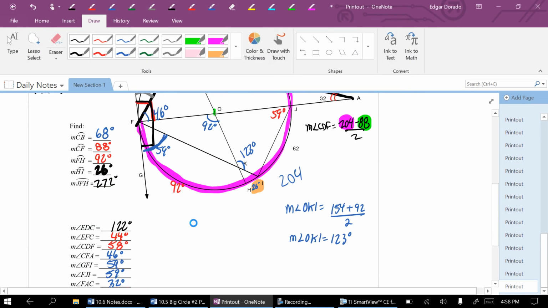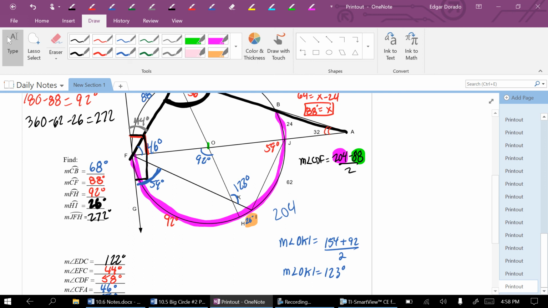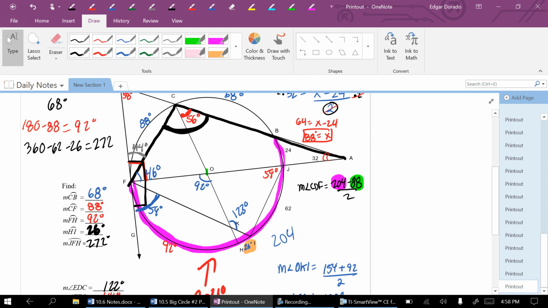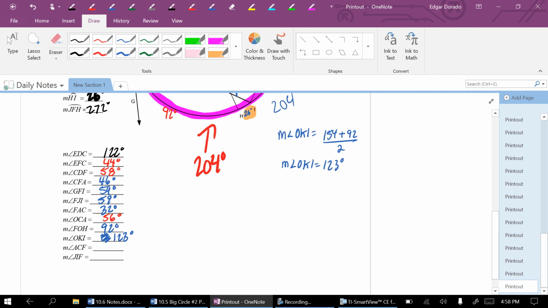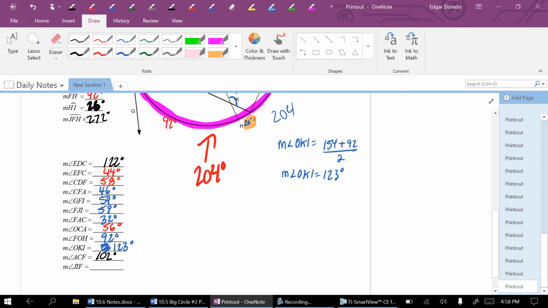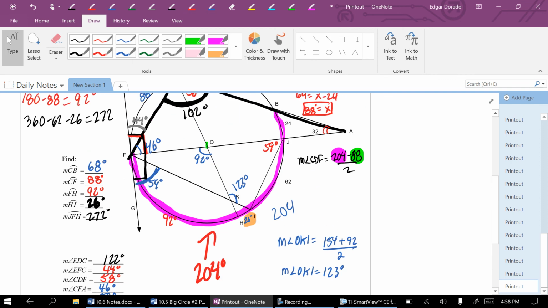The measure there is 204. Now remember, guys, that's the measure of this arc, 204 degrees. But we want the inscribed angle, which is half of that. So 102 degrees. So we found it. 102 is that.